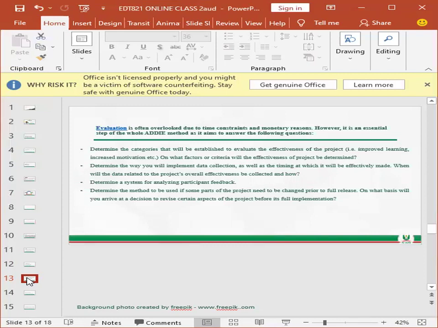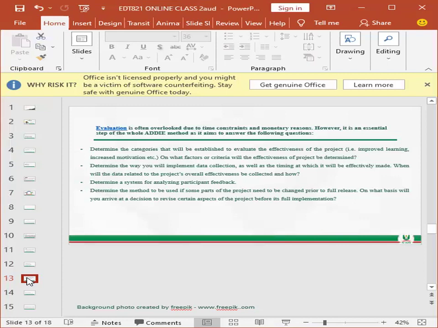So, we also need to determine the way you implement data collection as well as determine at which stage it is effectively made. So when will the data related to the project's overall effectiveness be collected and how are they going to be collected? So to determine a system for analyzing participants' feedback is very, very important.